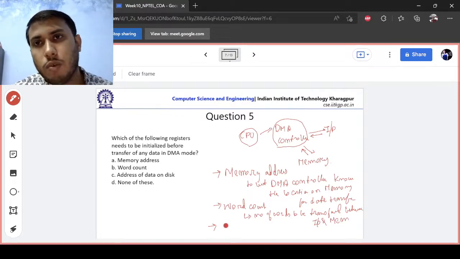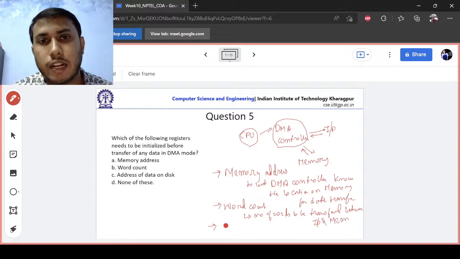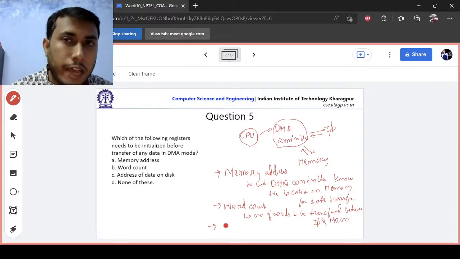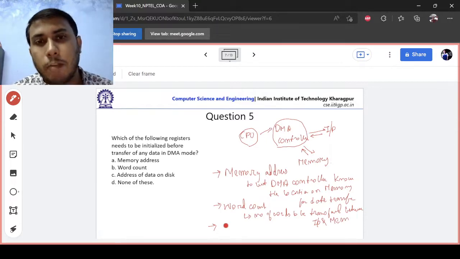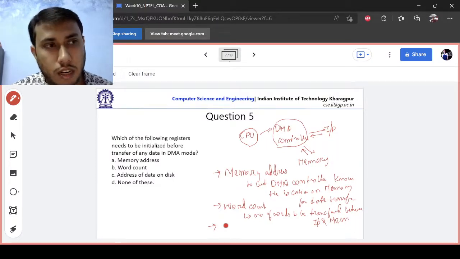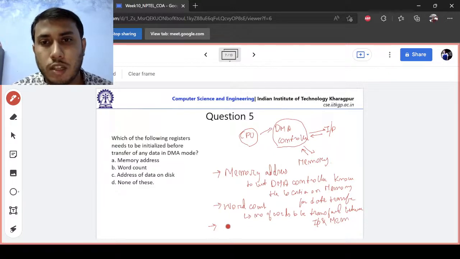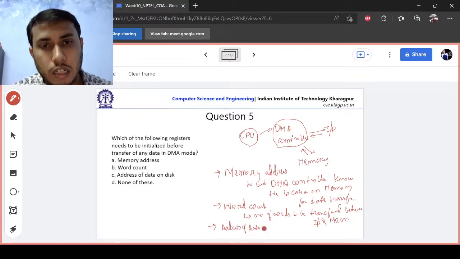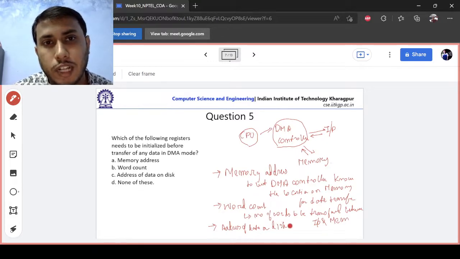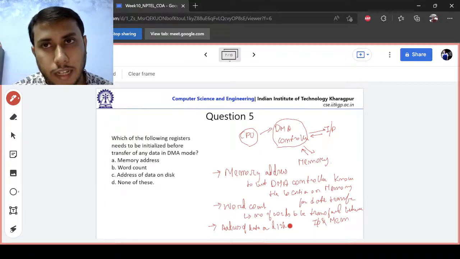Memory and IO basically have a separate address block in the way the CPU addresses them. So that address also needs to be told, the address of data on disk, since the CPU also needs to tell the DMA controller what the address is on the input device it has to transfer the data from, or to, with respect to the memory.